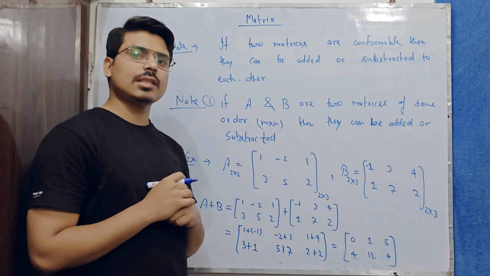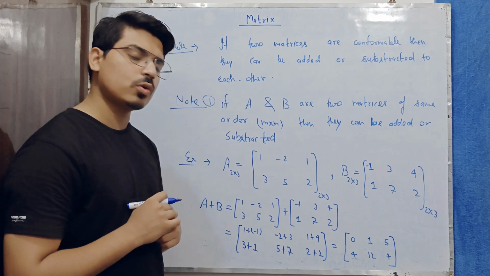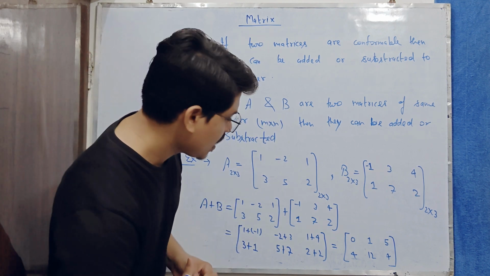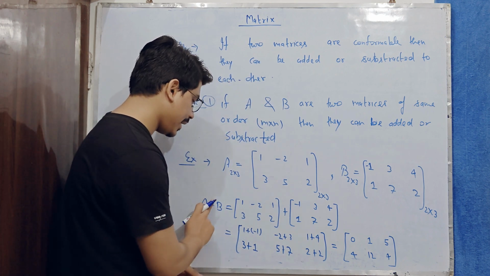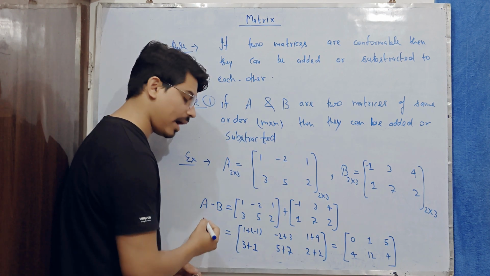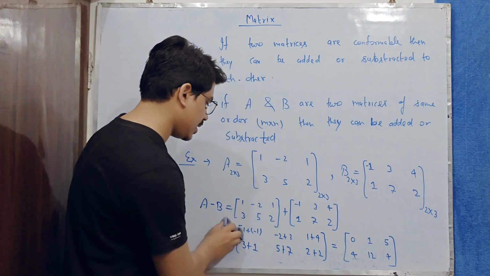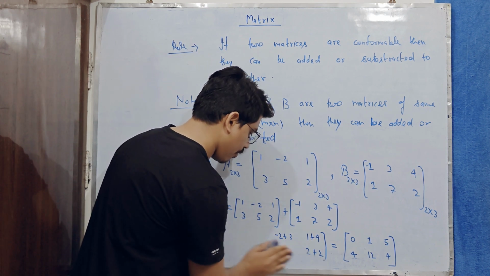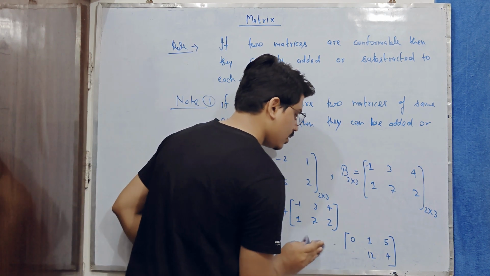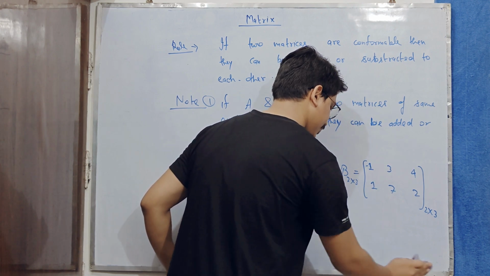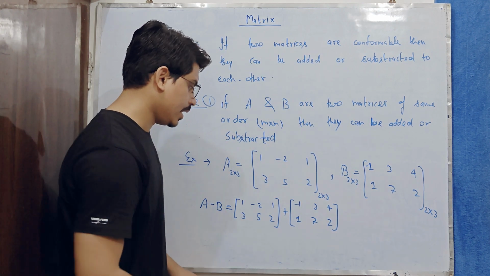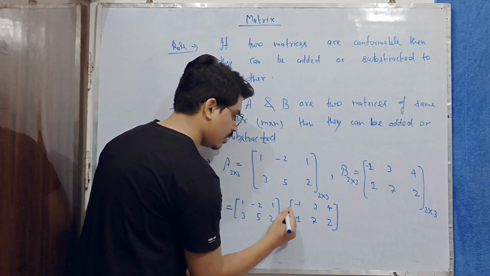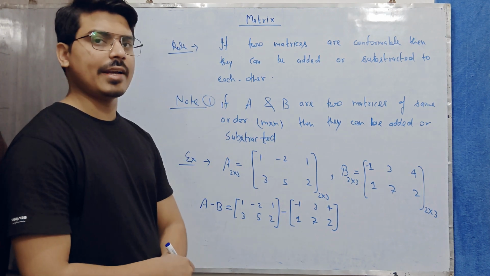Now I learn how to subtract two matrices. So we write a minus sign here, and erase this line, because we have to write it again.